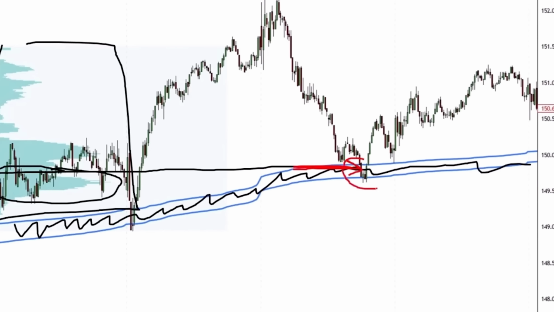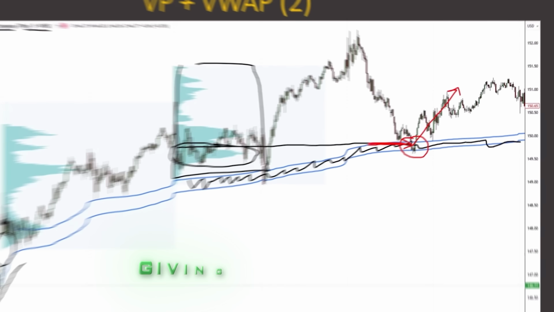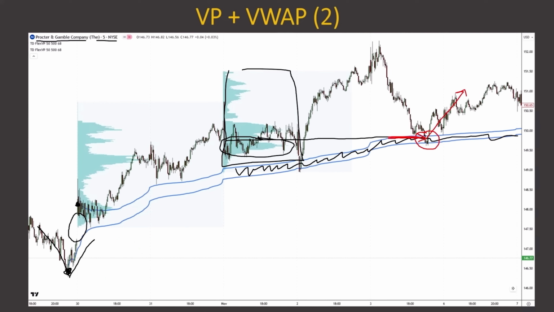So all those are giving you the signal to go long from there. All right, so this is how you can use the combos that are really powerful.